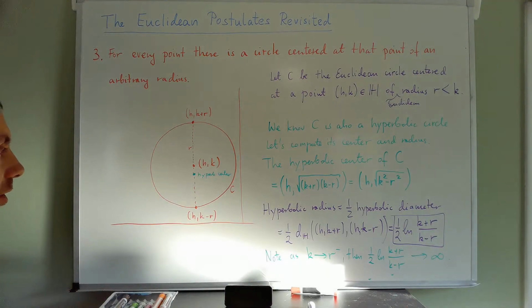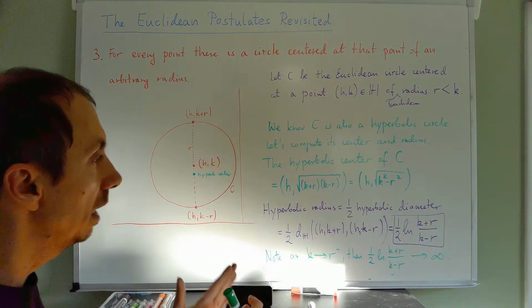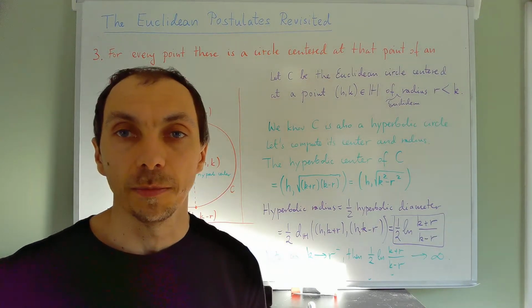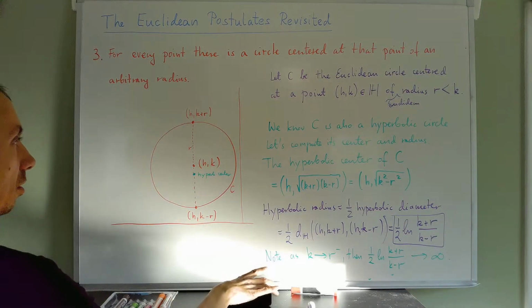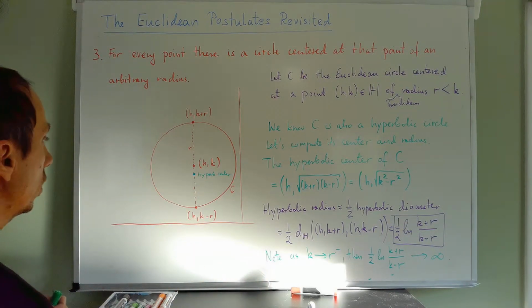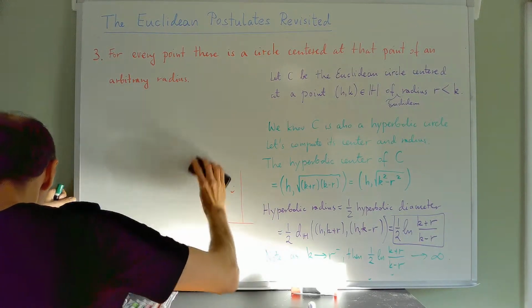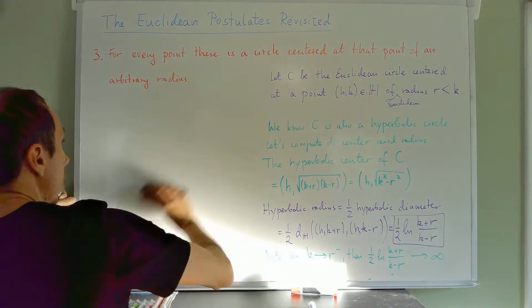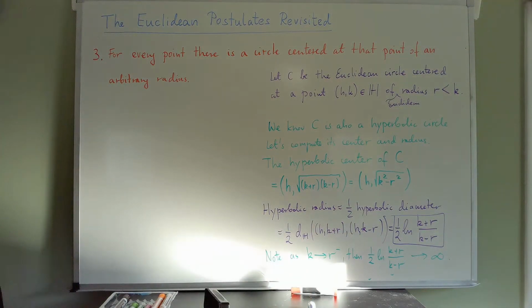So how do I know that starting at any point on the hyperbolic plane, I can find a circle that's centered there? Well, that's just solving these equations given here for the variables k and r.